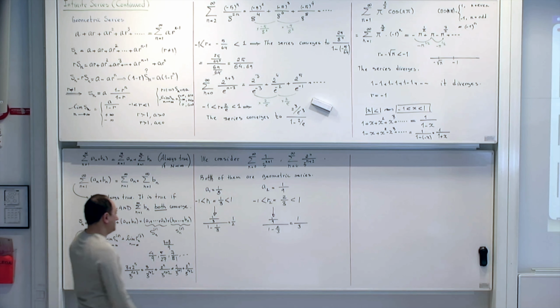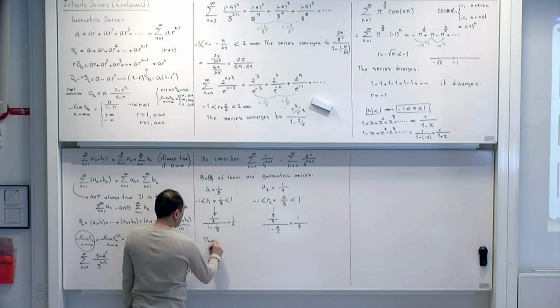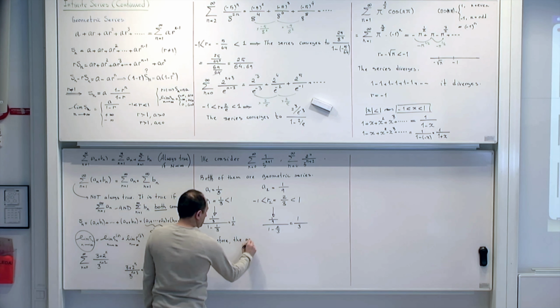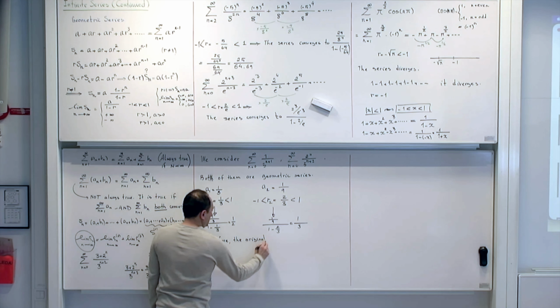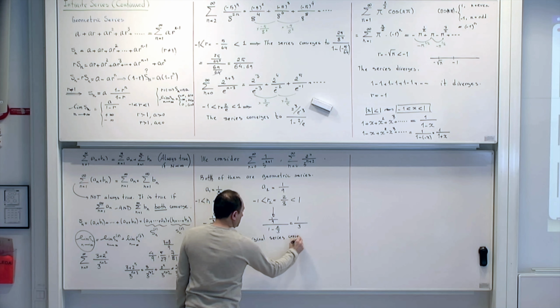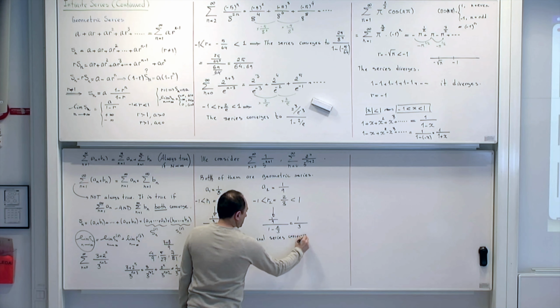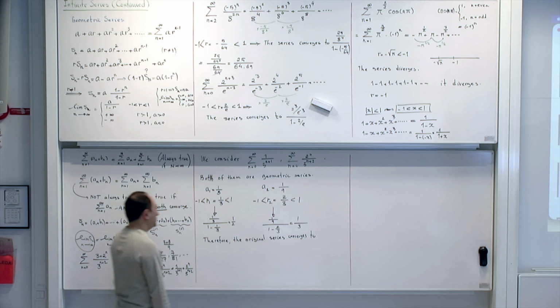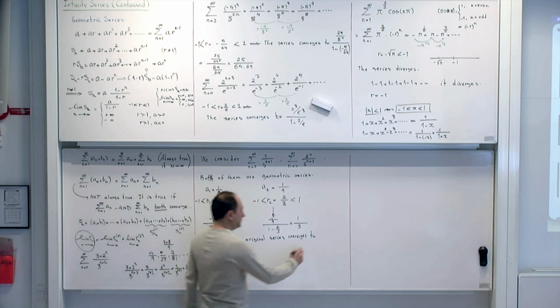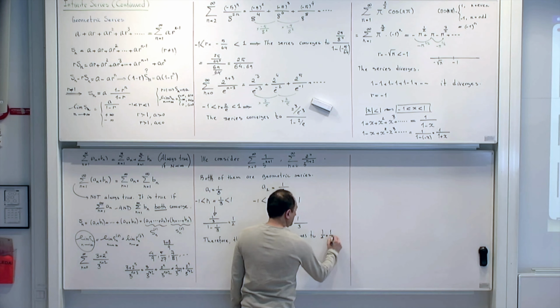So this means that the original series converges to, okay, can you complete it? Converges to what? We add them: 1 over 2 plus 1 over 3, which is 5 over 6.